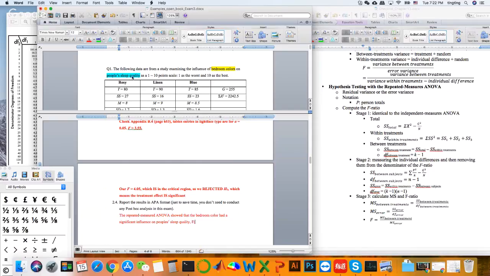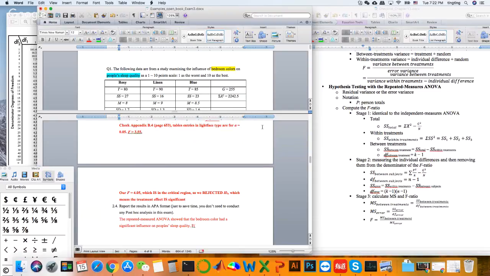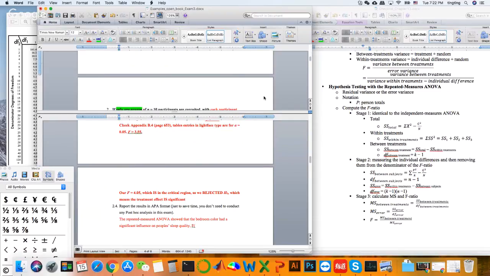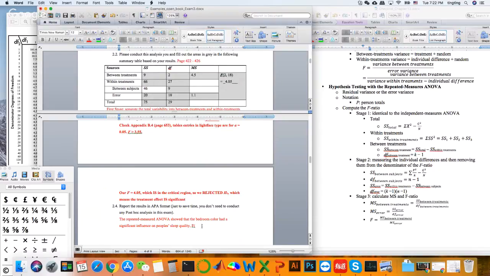F, go back to the table. Here, italic F2, comma, 18 equals 4.05. Because it is significant, so P is smaller than alpha.